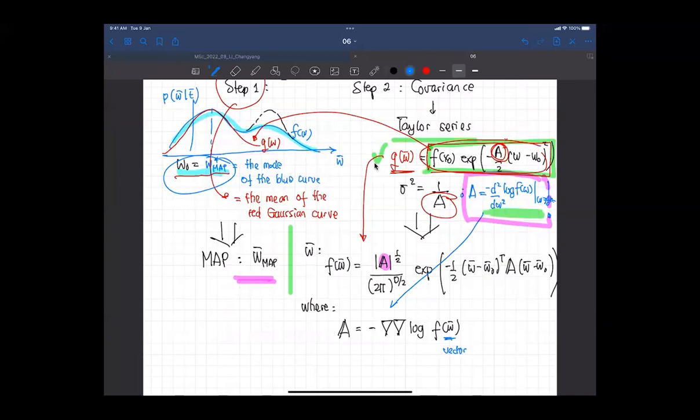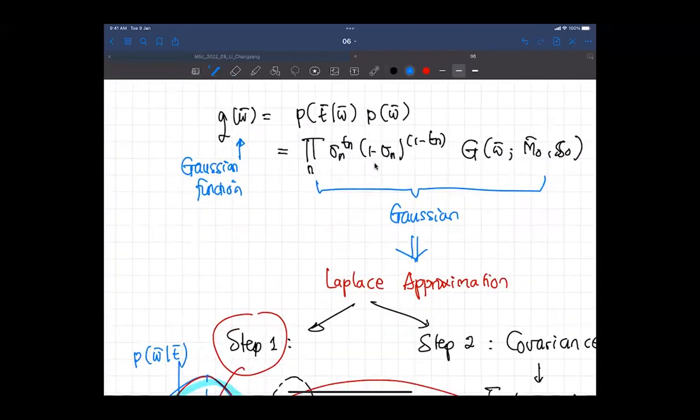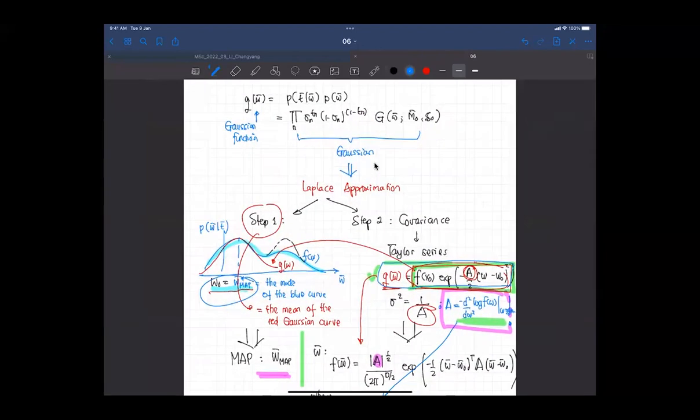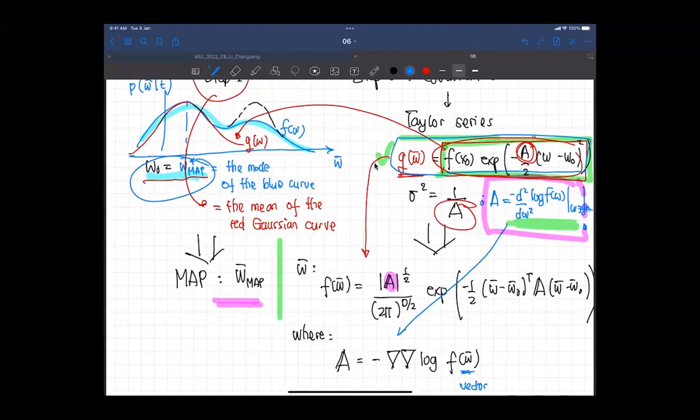So UW is this one. UW has to be Gaussian. Remember in the first place, U has to be Gaussian, and that one is the red curve that we want to find. And to find the covariance or standard deviation of this Gaussian, you have to use the second derivative of log F. You can assume this one is QW.